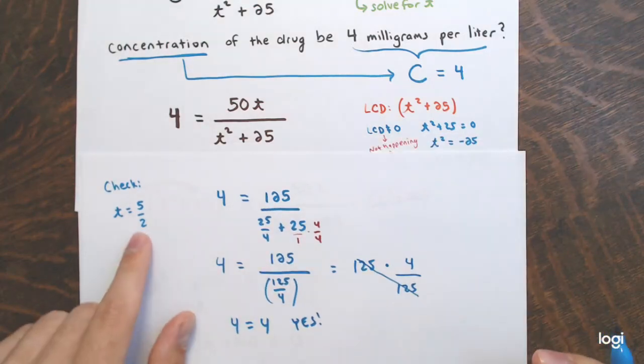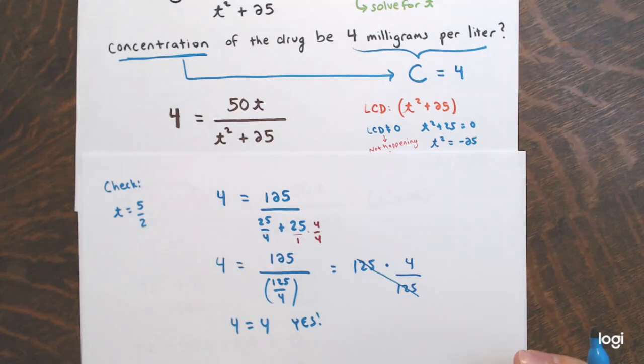So that is a good solution to the equation. Now we're also going to have to think about, does this make sense with the problem? We'll talk about that in a second.